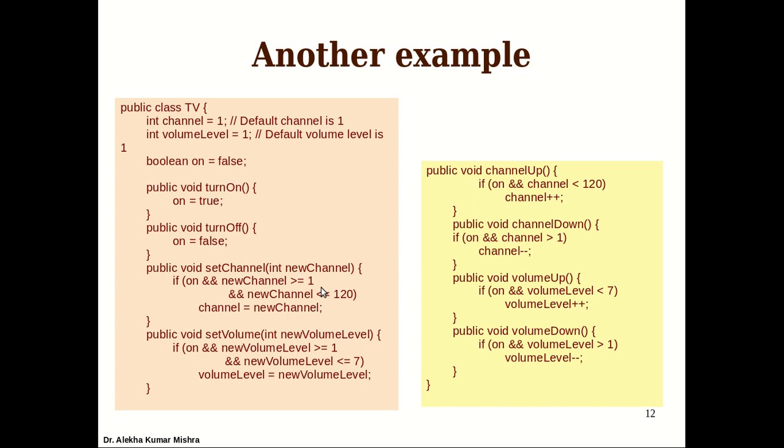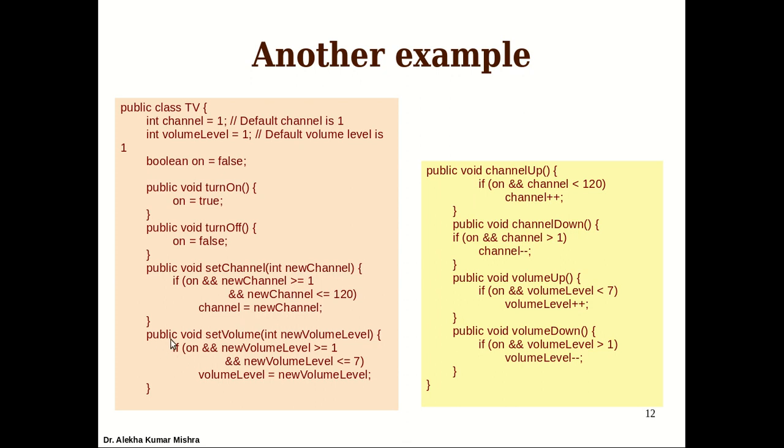So a check is done here using a control statement: the TV must be on first, and the new channel number should be greater than or equal to 1 and less than or equal to 20. Then yes, we can update the channel data field with the new channel value which is passed as an argument.